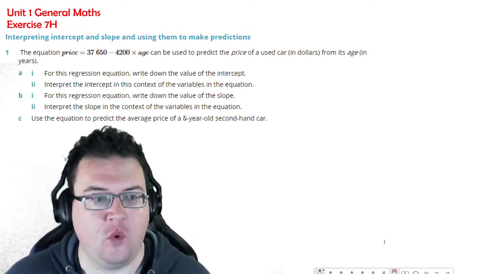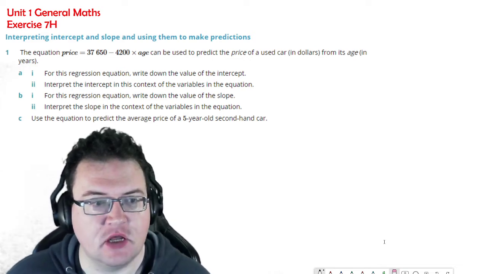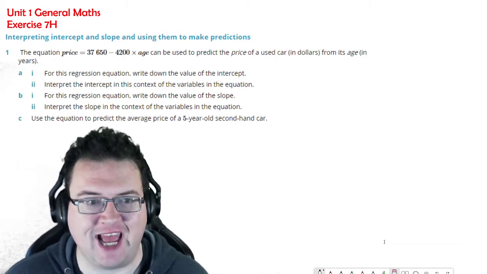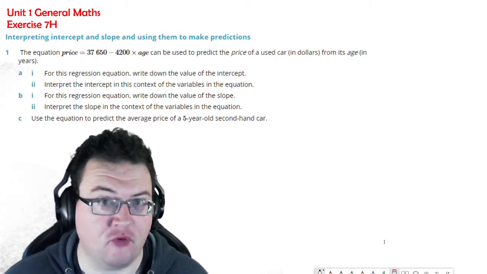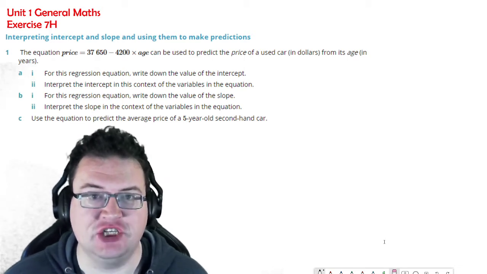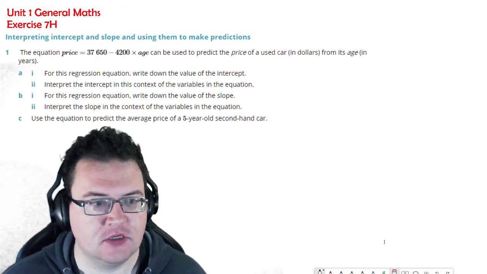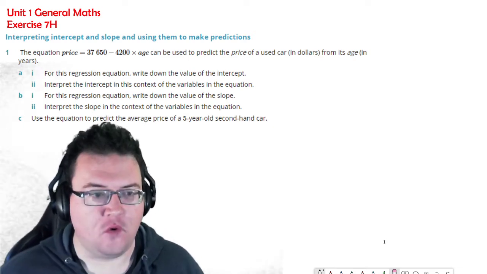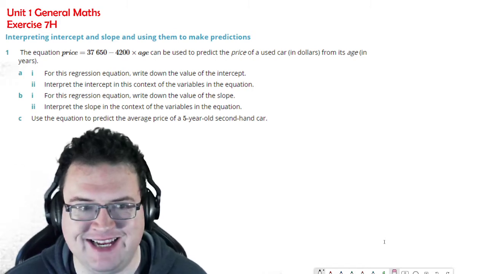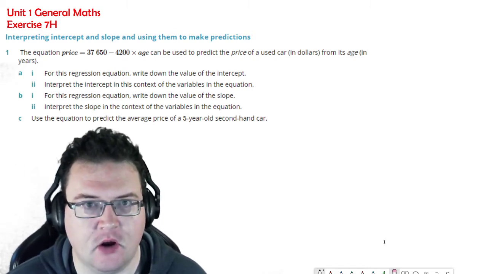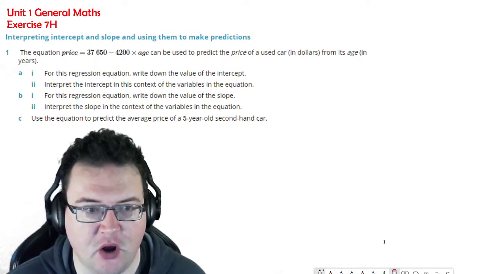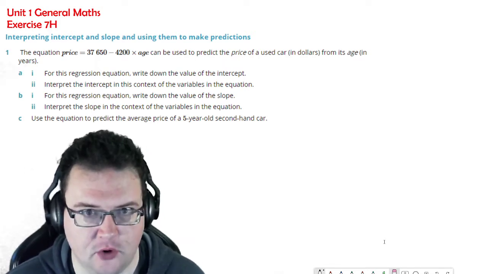All right, so the equation price equals 37650 minus 4200 times age can be used to predict the price of a car in dollars from its age in years. So for this regression equation, write down the value of the intercept. All right, so this equation is a linear equation, and it has two components, the intercept and the slope.